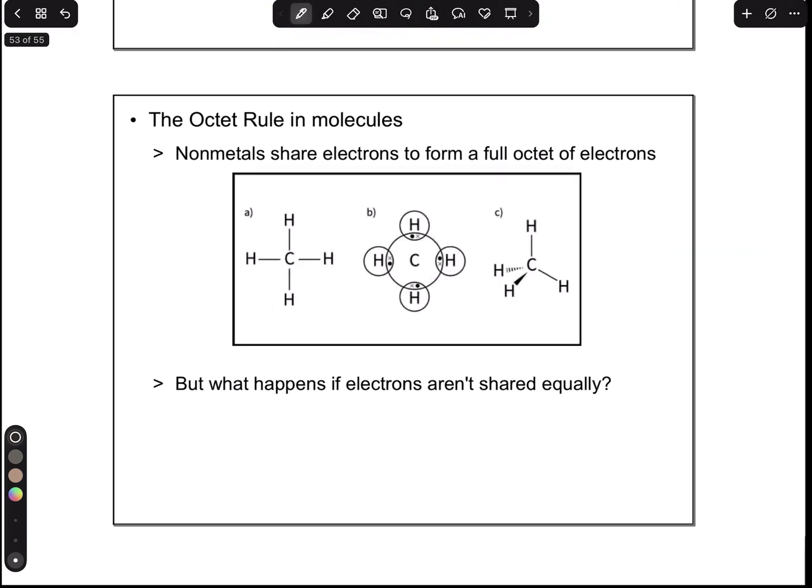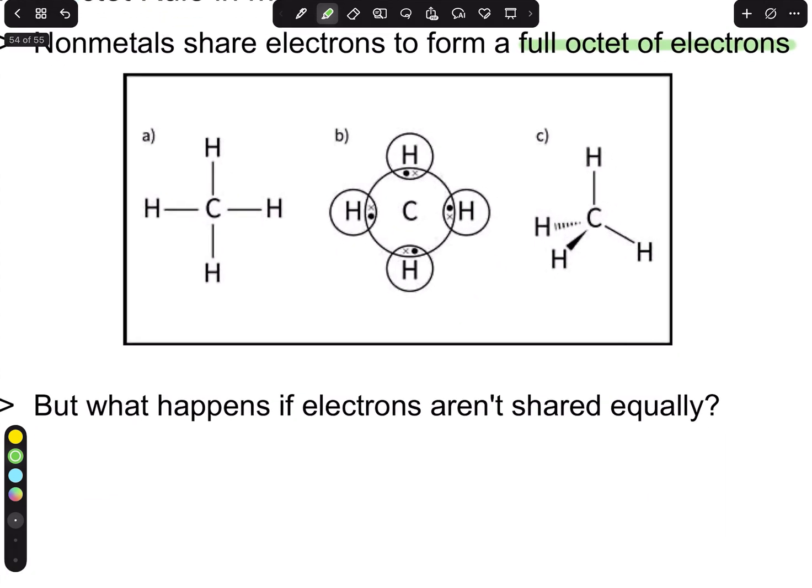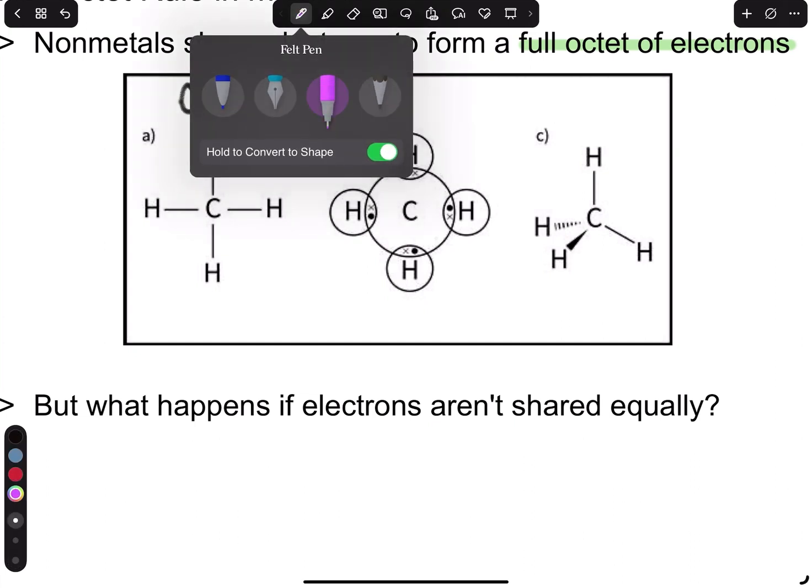So let's get started. What we've talked about so far is that molecules follow the octet rule, which means that when nonmetals share electrons, they're doing so to get that full octet of electrons. We see this with carbon and hydrogen in the molecule CH4. We drew this in part 1 several times, actually. Now, we've got several options for illustrating electron dot models.